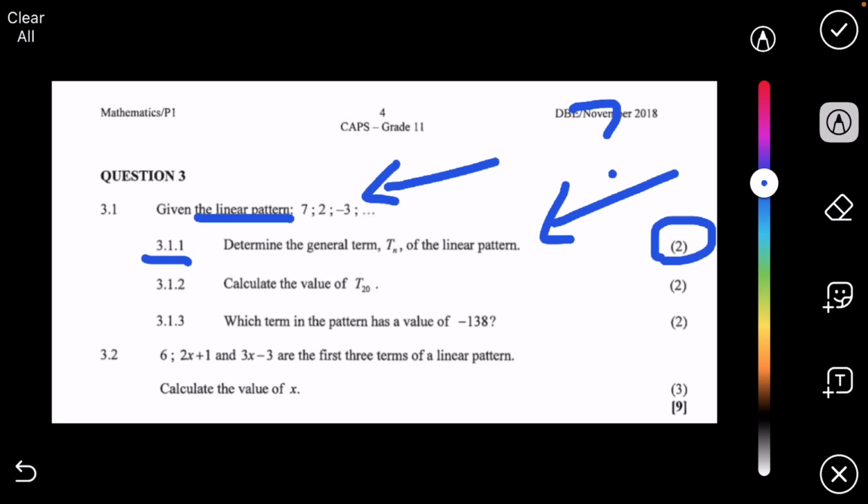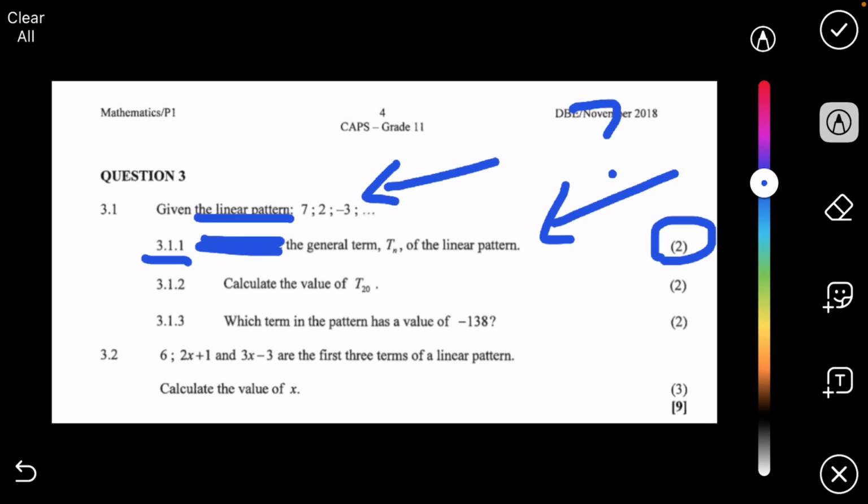From there, on the upcoming questions, I will just straight away go to the cream of the question. What do I mean by the cream of the question? If we remove the word determine, what do we remain with? We remain with the general term Tn of the linear pattern.